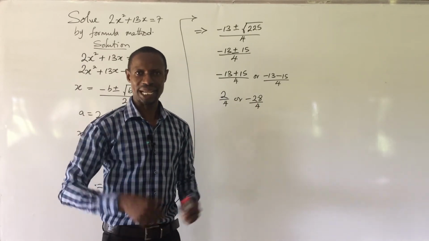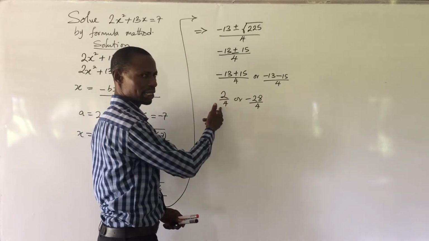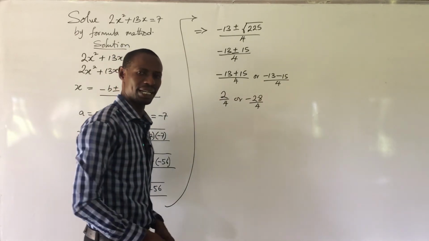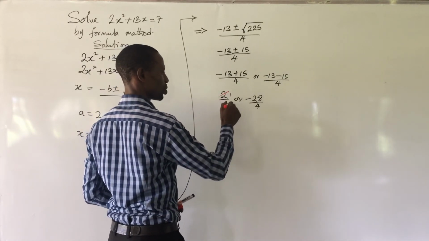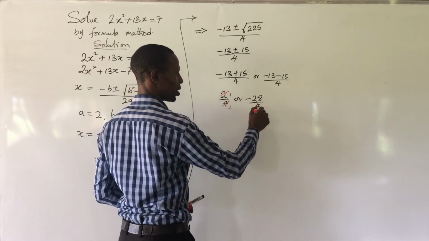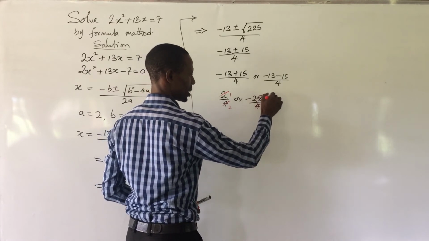All right. So we can go ahead and strike down. 2 can divide this. 2 can equally divide this. 4 can divide 28 and 4 can divide 4. So if we strike this, 2 into 2 will give us 1. 2 into 4 will give us 2. There, 4 into 4 will give us 1. 4 into 28 will give us 7.